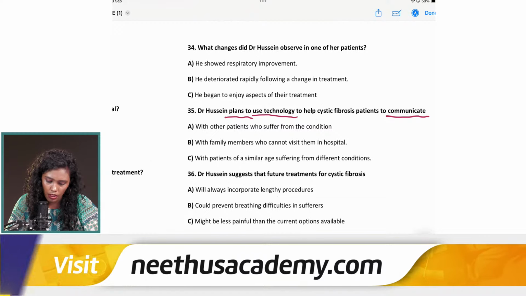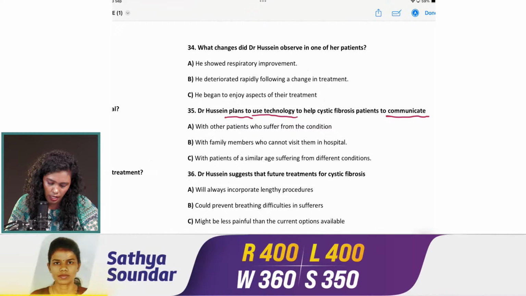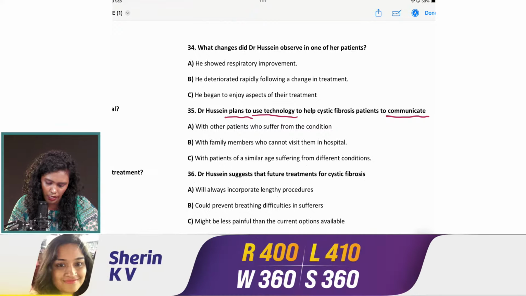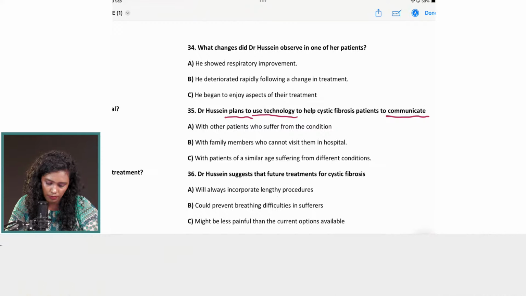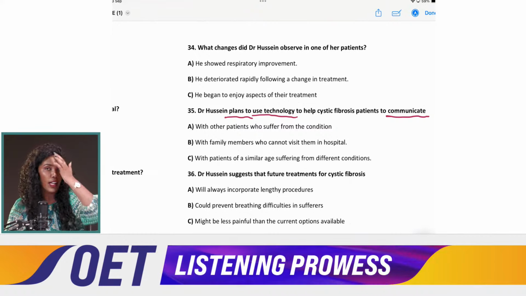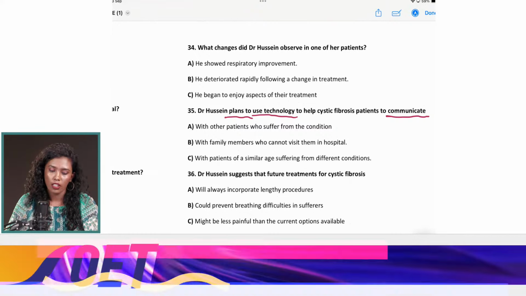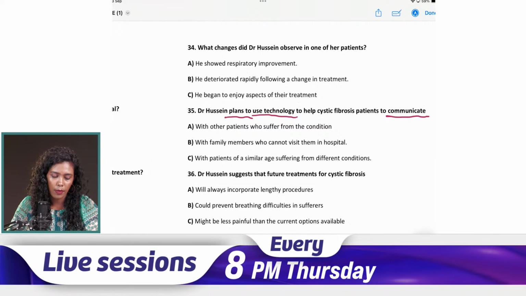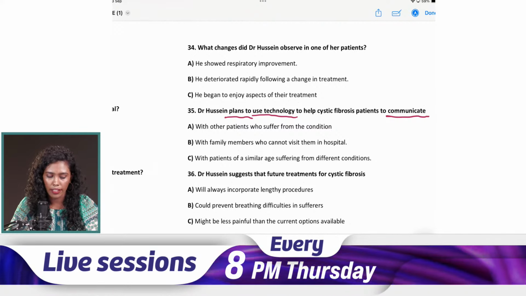Okay. Now, what is the type over here? Which one do you think is the type over here? Is it going to be an opinion or an attitude? Which one do you think? Is it going to be an opinion or an attitude? Yes, Reba, technology help communicate. You're right.